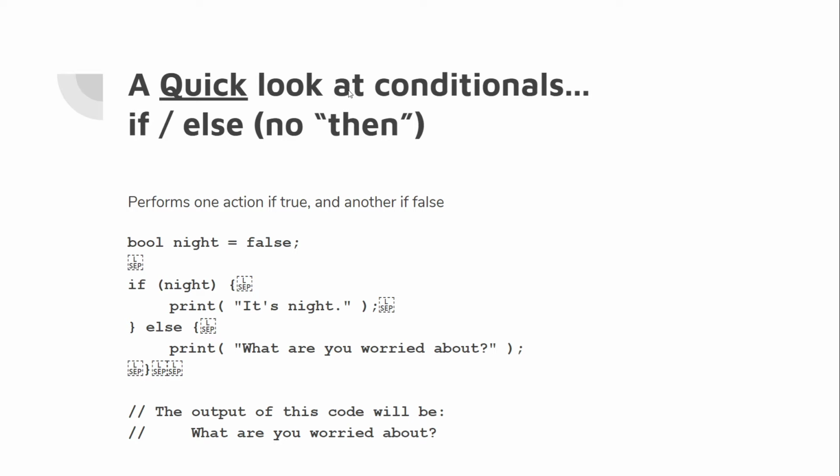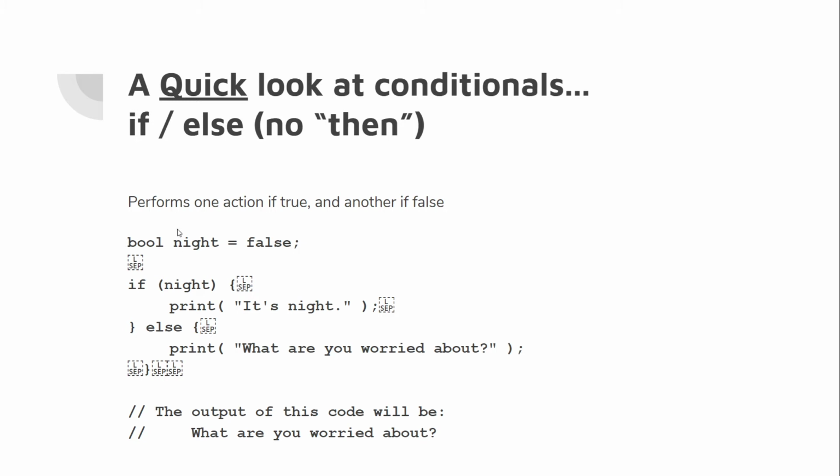The single most common conditional that you'll probably deal with is the good old if-else. There specifically isn't a then in C# or most of the C programming languages; we just assume the then part. With if-else, the goal is to perform one action if true, another if false.